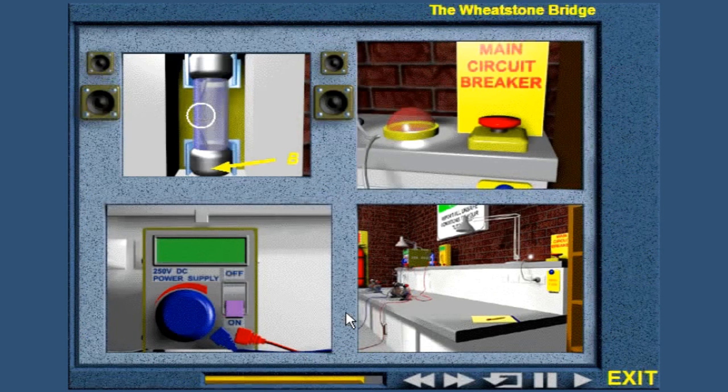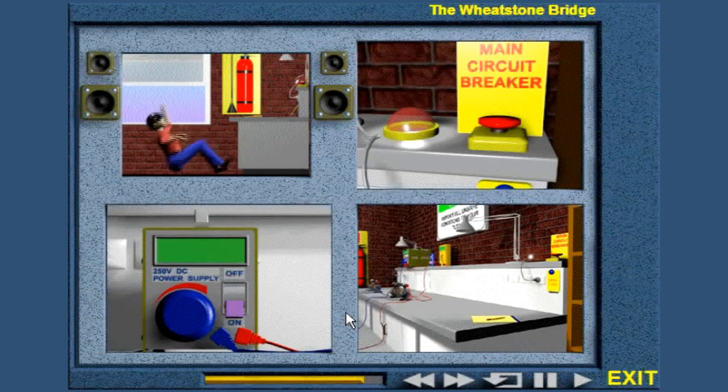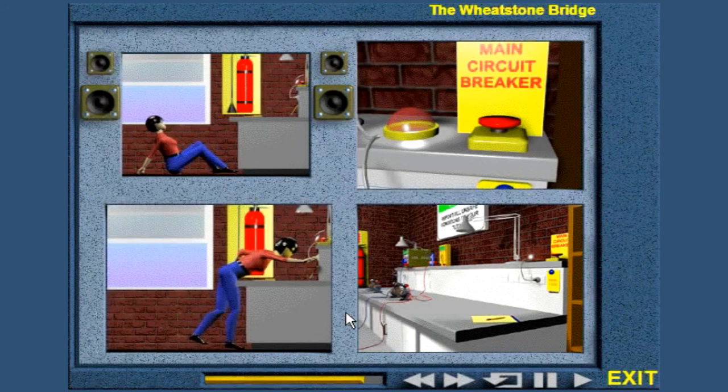There is no voltage on terminal B of the main fuse, but the voltage still exists at terminal A. If you touch the fuse now, you will get a shock. Your body is now a conductor between a point of high potential and ground with a zero potential. So remember, always before fuse replacement, switch the circuit breaker off.